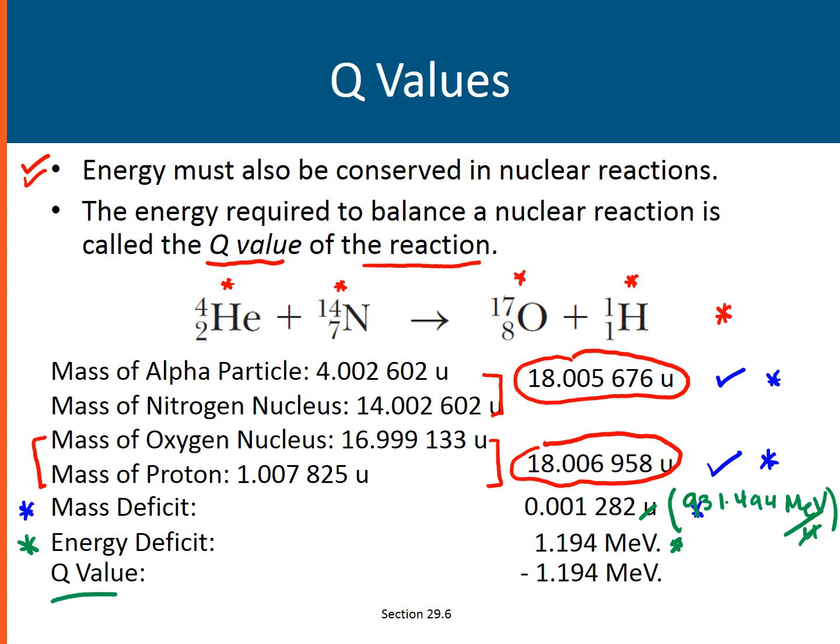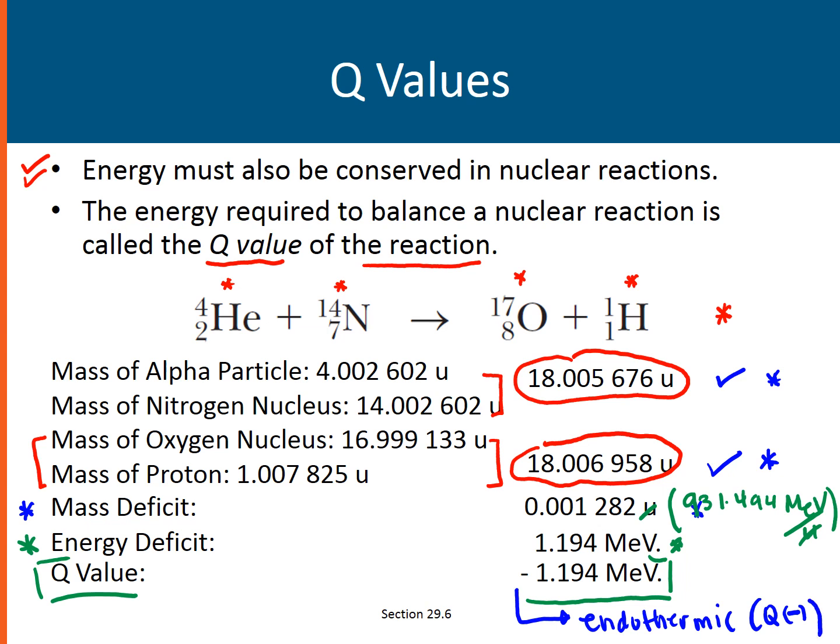This deficit is expressed by the negative Q value of the reaction. So this is our Q value here, and it has a negative value. Reactions with negative Q values are considered to be endothermic. So again, Q value negative, we will have an endothermic reaction.